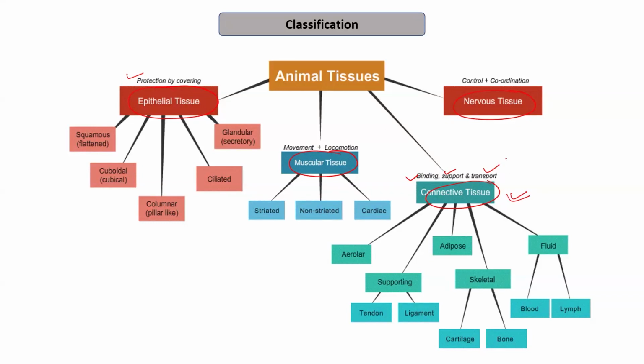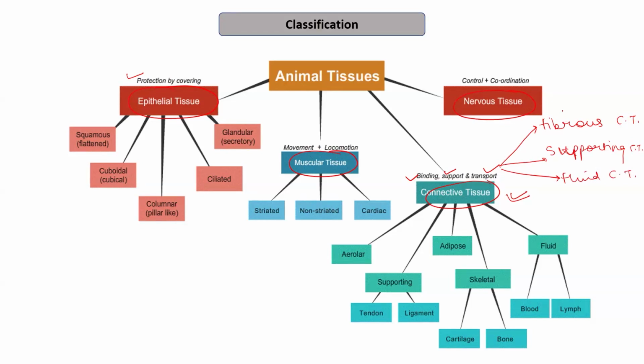So connective tissue can broadly be classified as fibrous connective tissue. Then we have skeletal connective tissues or supporting connective tissues, which provide the support. And then we have fluid connective tissue.